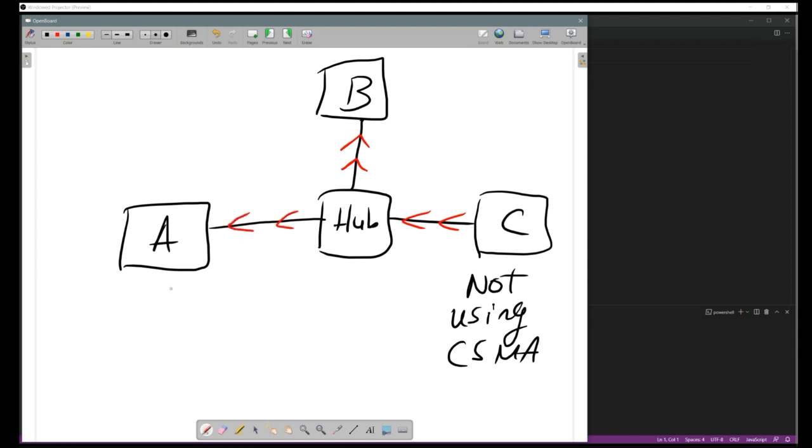The other two are using CSMA. And let's say that A wants to send. A wants to send, but because it's using CSMA, it will wait. So it waits.